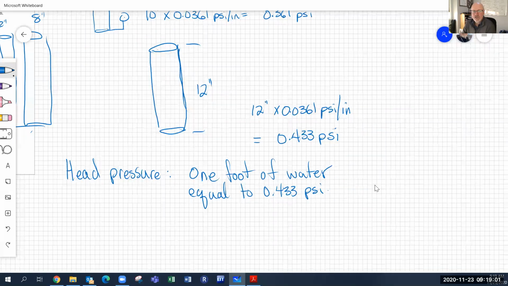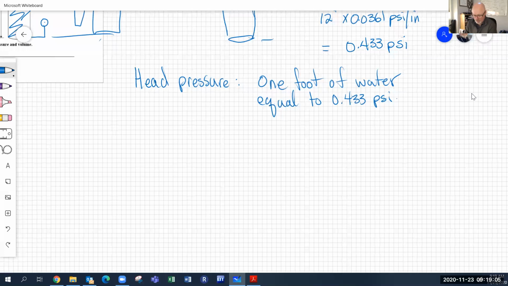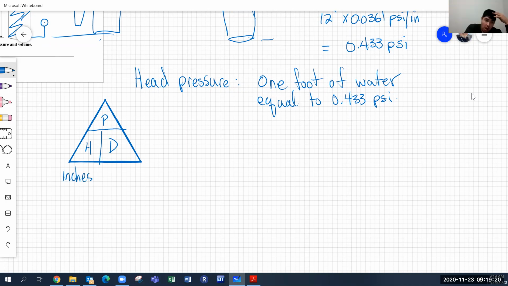So that is really head pressure as it's defined. So I'm going to rewrite my formula triangle over here. And I told you that the pressure is equal to the height times the density. So if I'm dealing with inches, as you recall, we multiply by 0.0361 psi per inch.